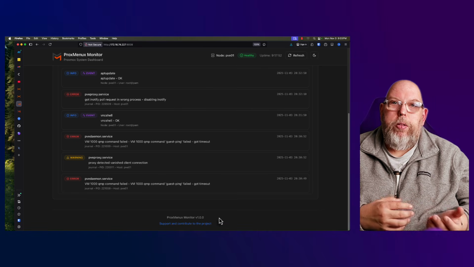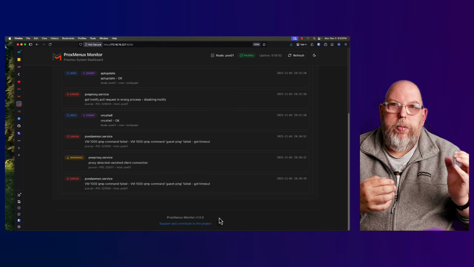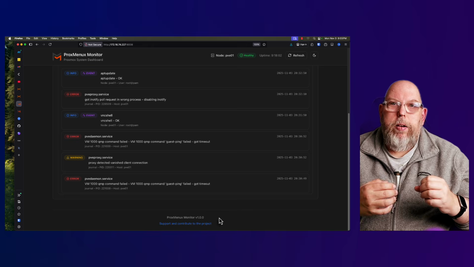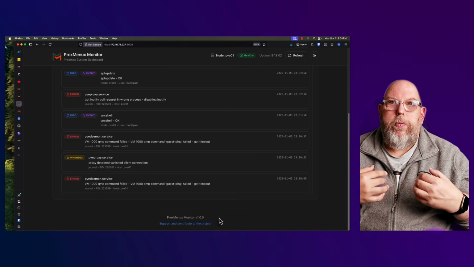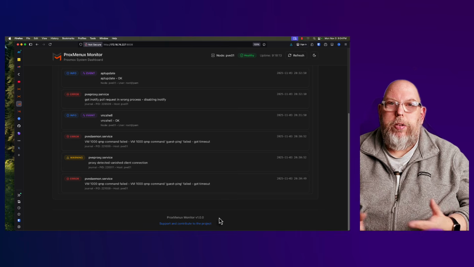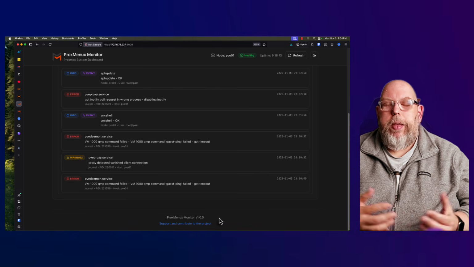Whereas with Pulse, you are basically installing it in a container and then getting a sort of agent on each of the other nodes to be able to collect information.